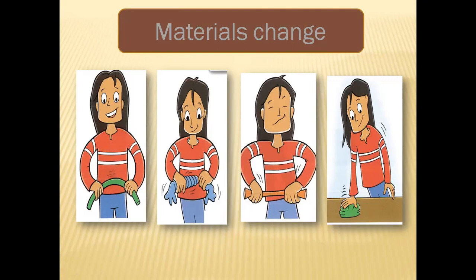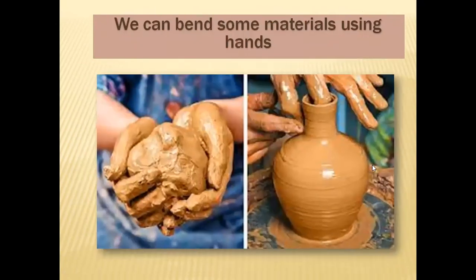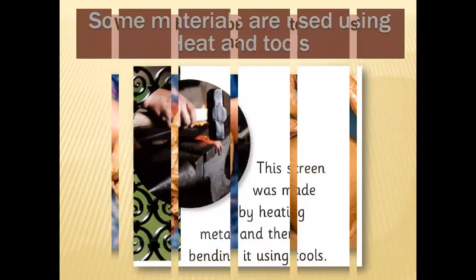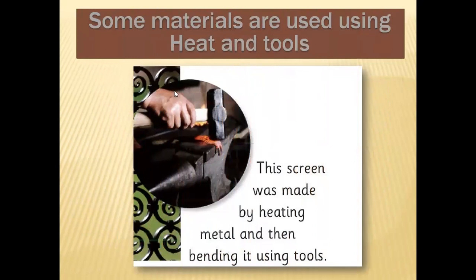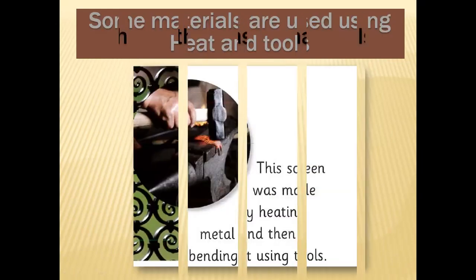We can bend some materials using our hands. You can see the soft things we can easily bend with our hands by applying force. But there are some things we can only mold or change their shape with the help of tools or by heating them. So today we are going to discuss heating and cooling.